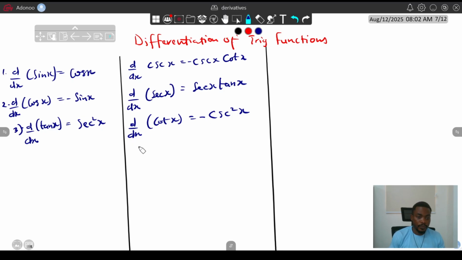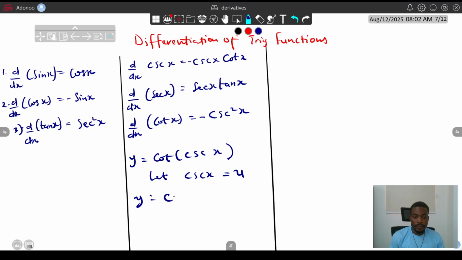We have y equals cot cosec x, and we have to find y prime. Now we can let cosec x be equal to u. Then we have y equal to cot u.